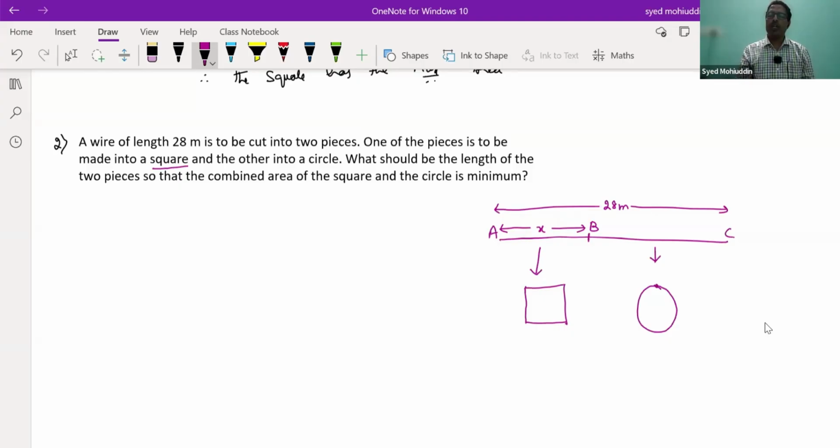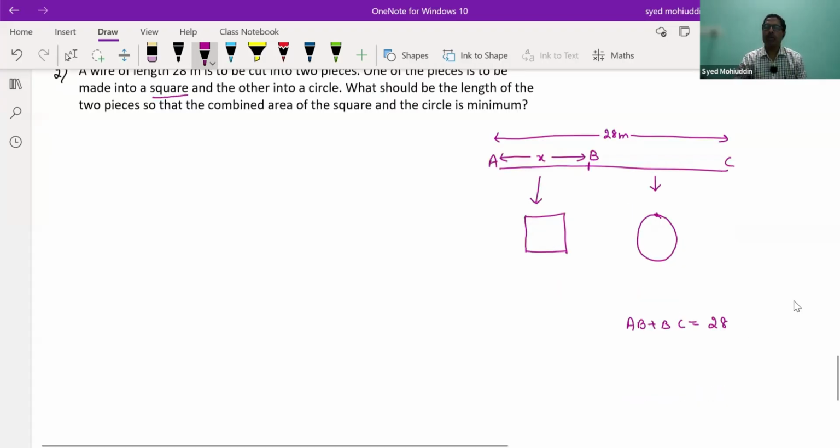Now, if the total length is 28, what will be the length BC? Can you tell me this one? AB length is X, AC length is 28 meters. Now, how can you find BC length? AB plus BC is what? 28 meters, right?